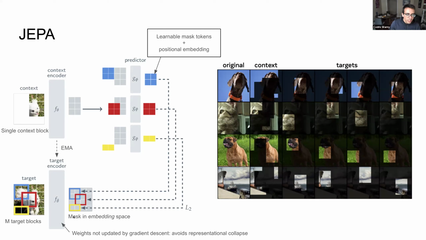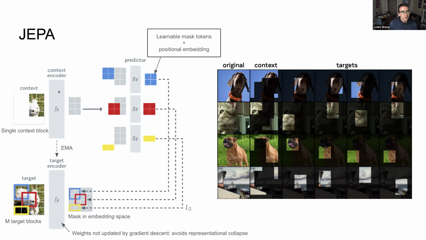But then in embedding space, you're going to mask the embeddings. You're going to mask some tokens. And so here you're going to use M target blocks. So they call them target blocks. The blue, red, and yellow blocks here would be M target blocks. But you mask them in embedding space.